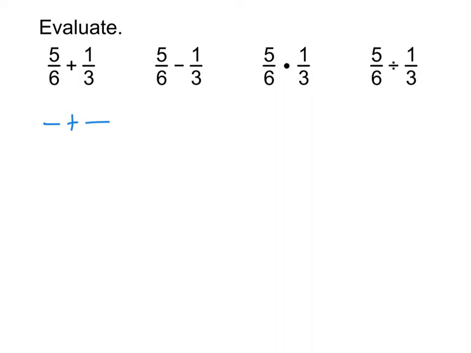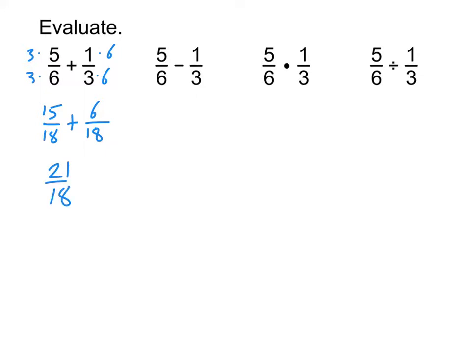Now there is a lower denominator, and I'll show you what that one is here in a moment, but what if you just multiplied 6 and 3? You could turn them both into 18, and that is fine. And so that means I'd be multiplying the first fraction, top and bottom, by 3. And the second fraction, 3 times what is 18, is 6. And so I multiply top and bottom by 6. So that would give me 15/18 plus 6/18, which gives me 21/18.